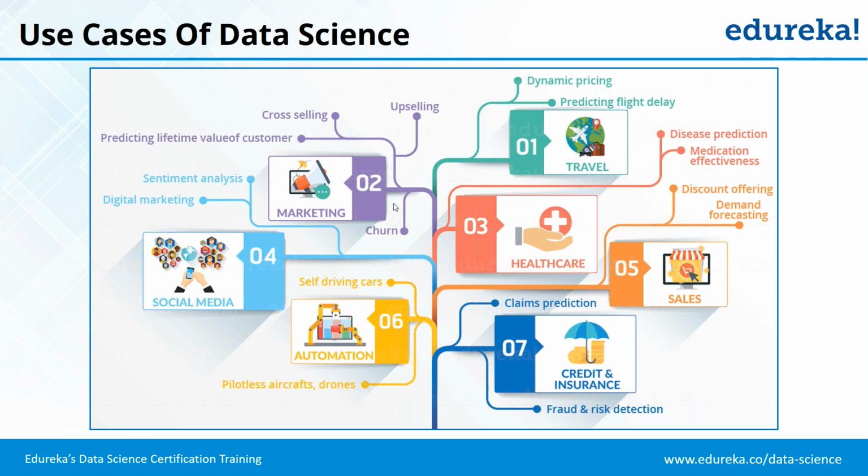It is used in sales for offering discounts and for demand forecasting. So looking at the trends of sales over the last few months or few years, we can accurately forecast what the demand would be for certain products. And for this, we not only look at the historical data, we look at seasonal data as well. So for example, if there were more sales in February, we cannot say that we would have similar sales in the month of March.